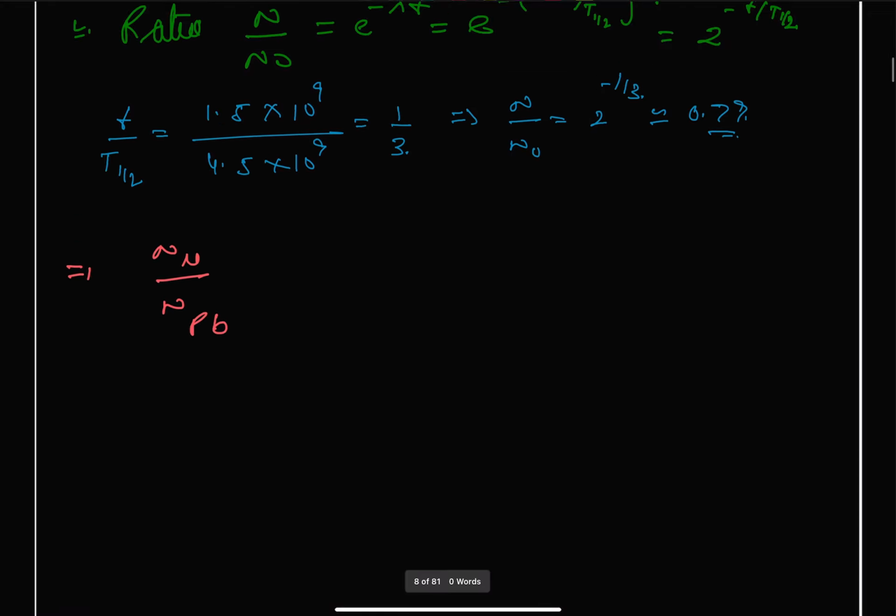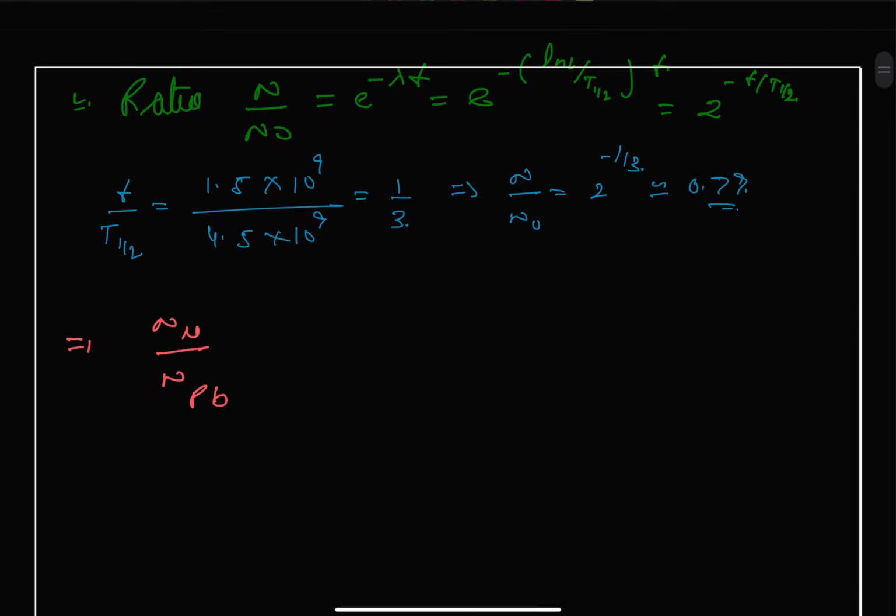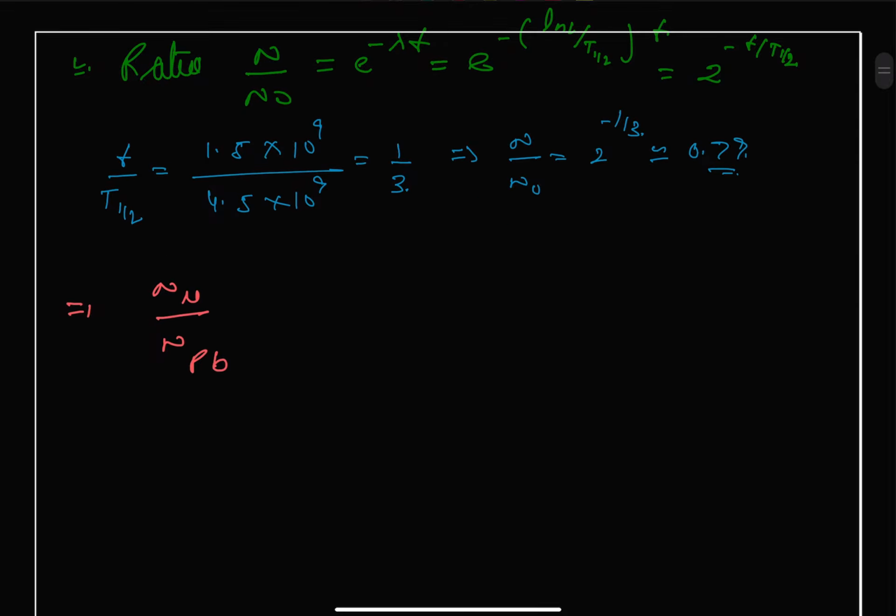So we can write Npb upon N naught will be equal to 1 minus 0.79, and this comes as 0.21.